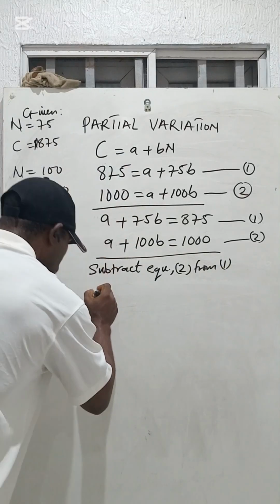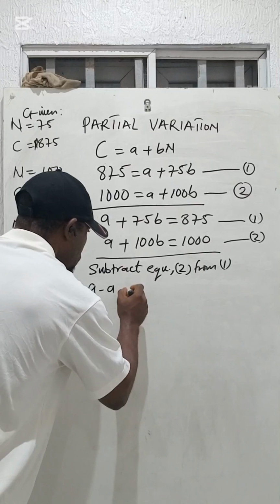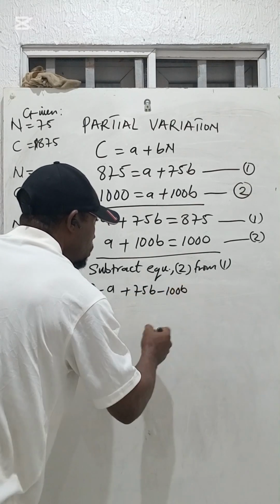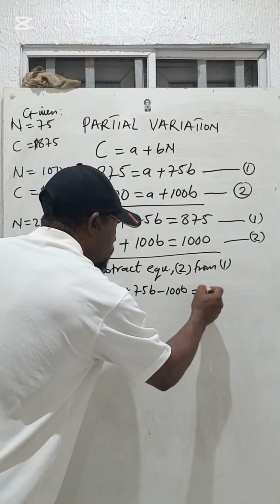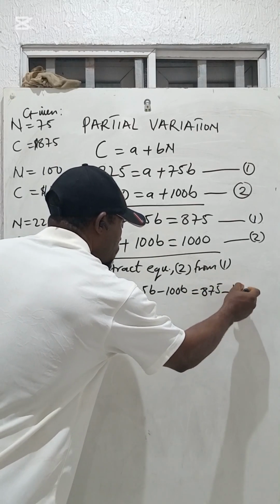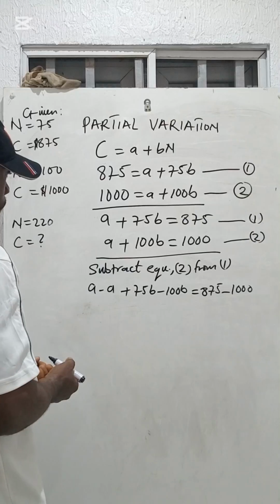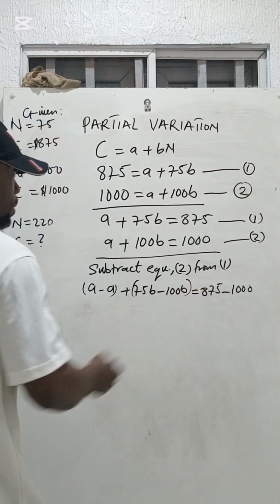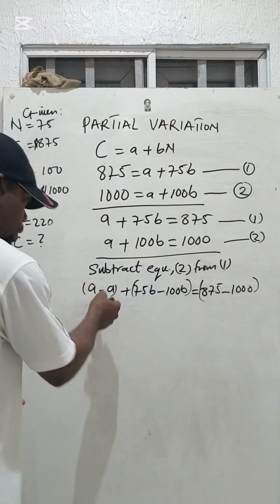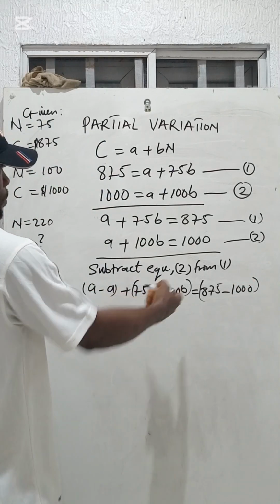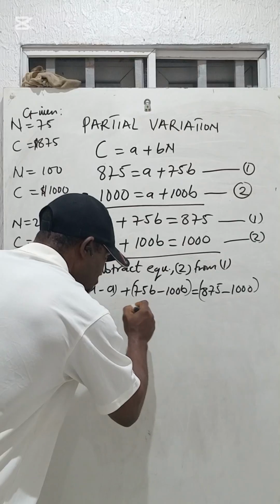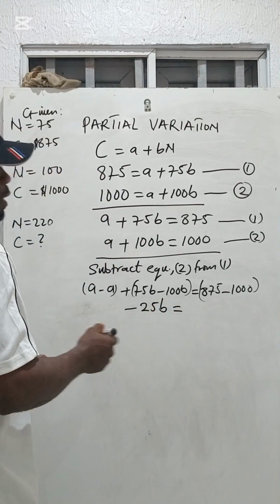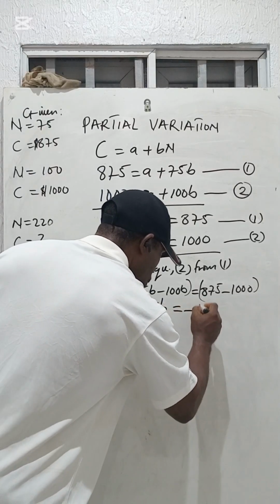If I do that, this becomes A minus A plus 75B minus 100B is equal to 875 minus 1,000. So A minus A is the same thing as 0. 75B minus 100B is minus 25B. 875 minus 1,000 is minus 125.